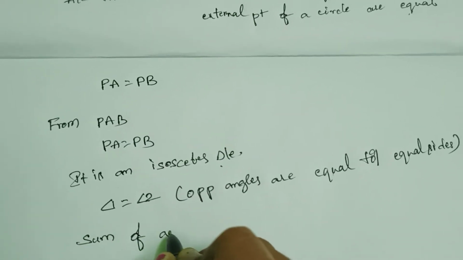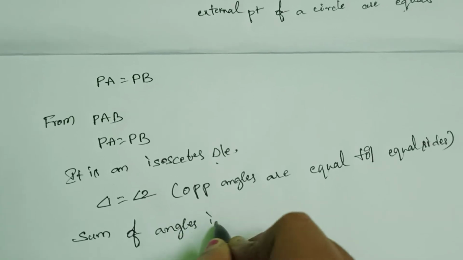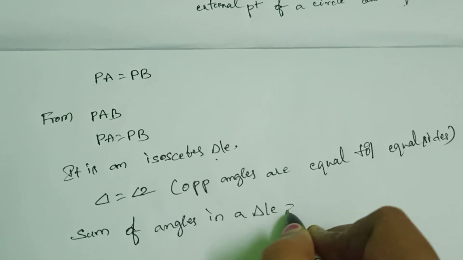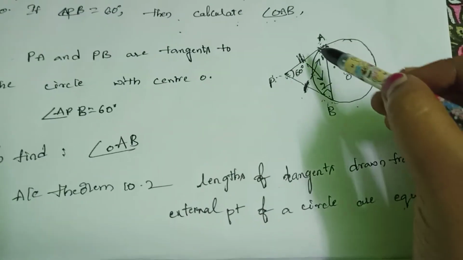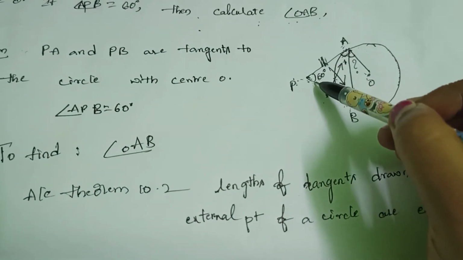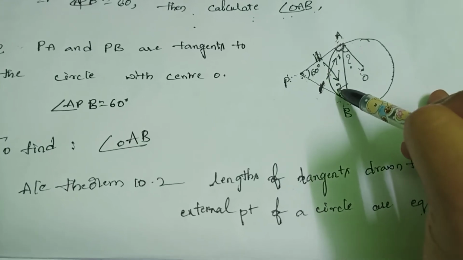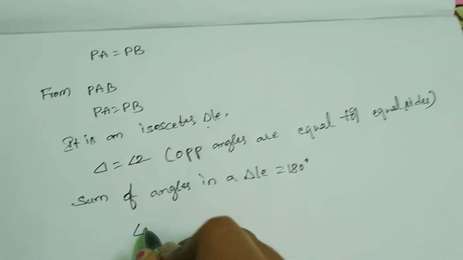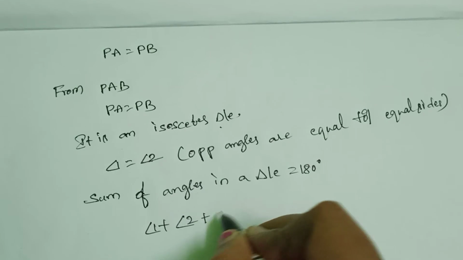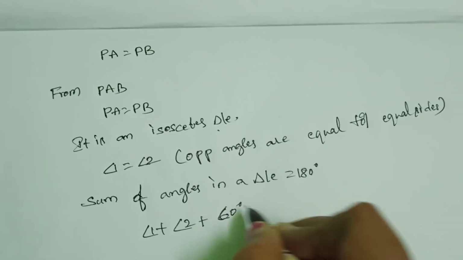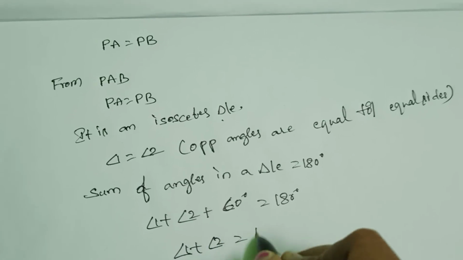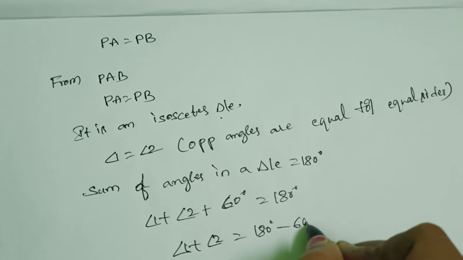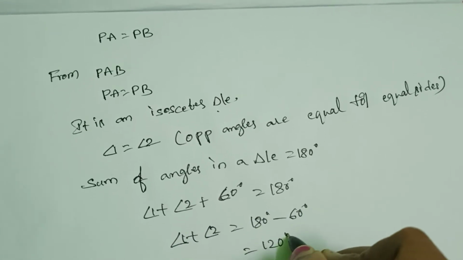Sum of angles in a triangle equals 180 degrees. Here angle 1 plus angle 2 plus 60 degrees equals 180 degrees. Angle 1 plus angle 2 equals 180 minus 60, how much? 120 degrees.